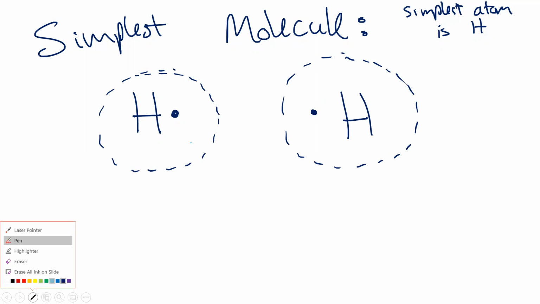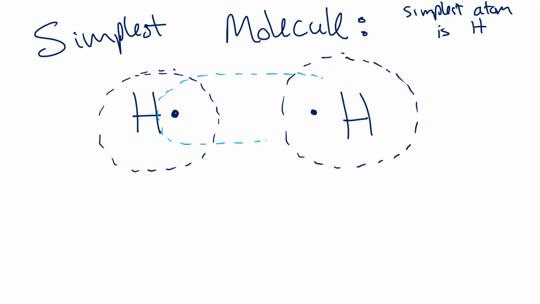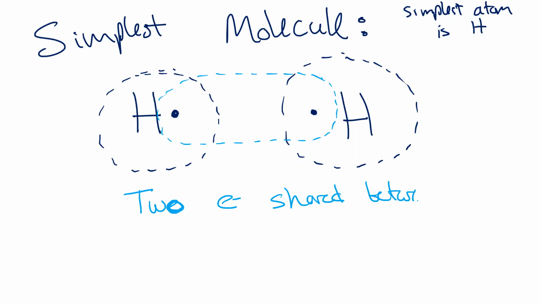A covalent bond means the sharing of these 2 electrons shared between 2 H atoms is the simplest molecule you can make.